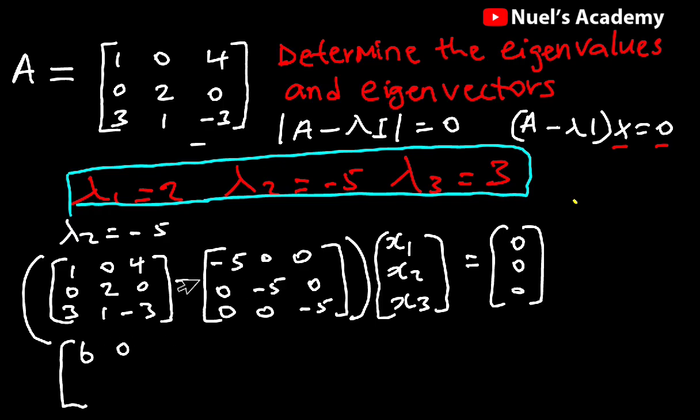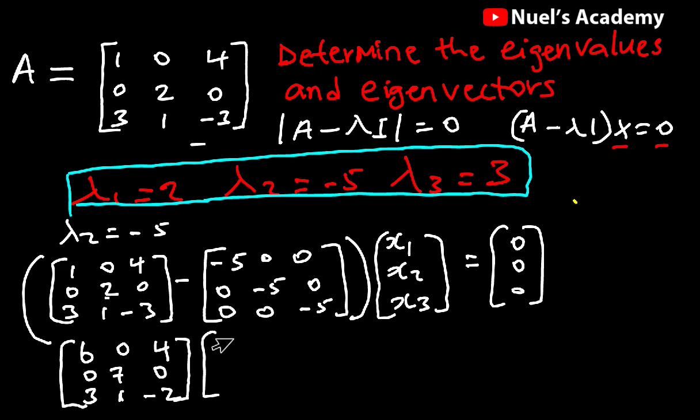Now 4 minus 0 is equal to 4. 0 minus 0 is equal to 0. 2 minus 5 is the same thing as 2 plus 5, which is equal to 7. 0 minus 0 is equal to 0. 3 minus 0 is equal to 3. 1 minus 0 is equal to 1. Minus 3 minus 5, same thing as minus 3 plus 5, which is equal to minus 2.